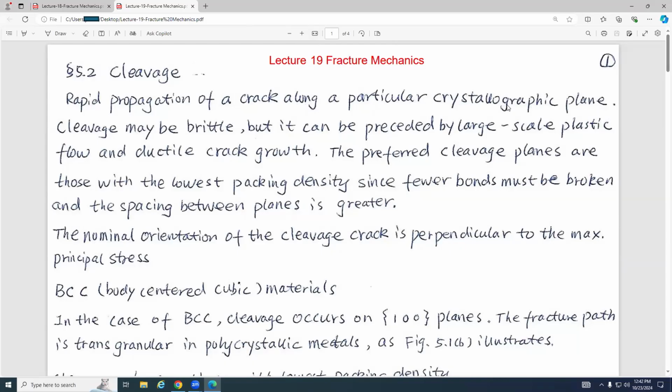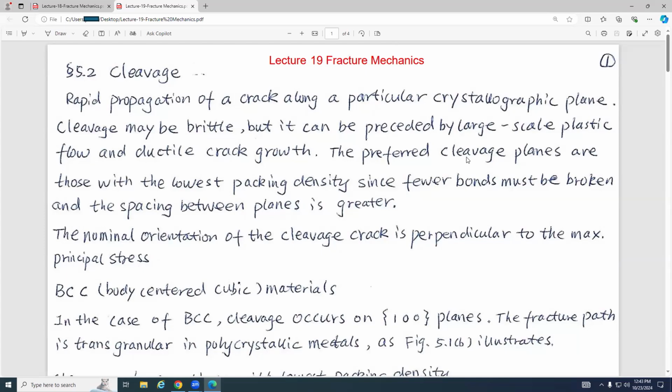And whenever you see this word, if you have taken a material science class, something comes into your mind, right? Crystallography. Right, guys? Okay. So cleavage may be brittle, but it can be preceded by large-scale plastic deformation flow and ductile crack growth.